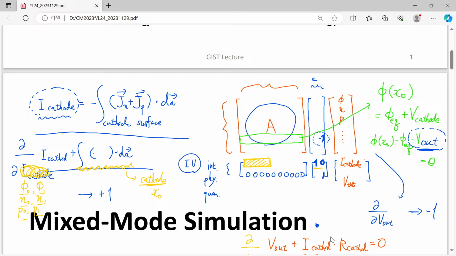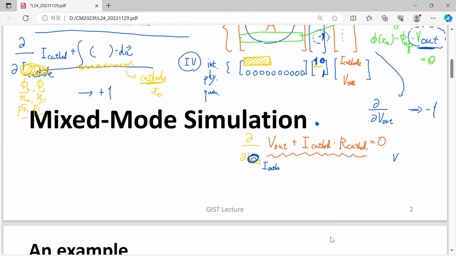So please note that when we expand our original system into this slightly enlarged system by adding two more unknown variables, we must consider both the lower part and the upper part carefully. So please try to do so.